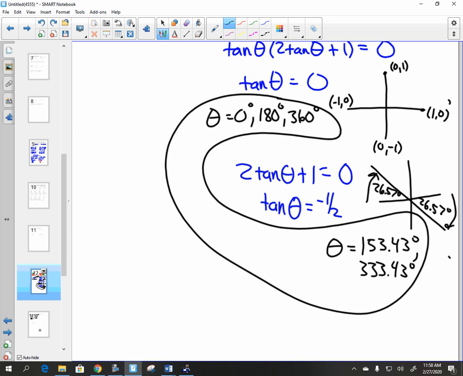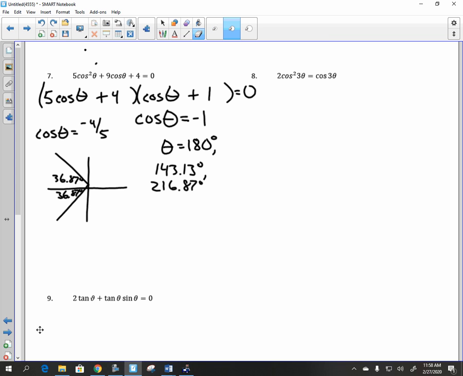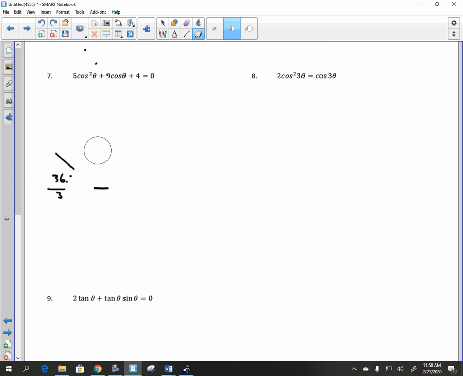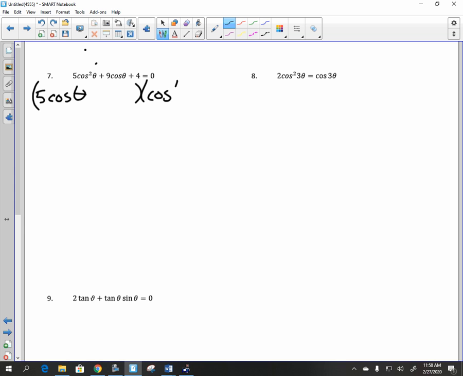Last example, flip it over. Any thought what to do here? Last one, number 7. Give up? Excellent. What else? What if we didn't give up? Factor. Excellent. We will factor. 5 times the cosine of theta times the cosine of theta.